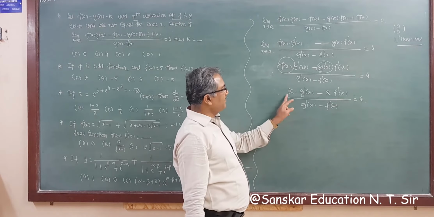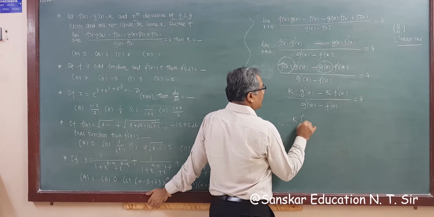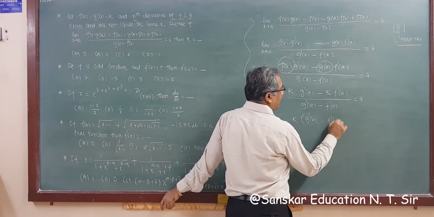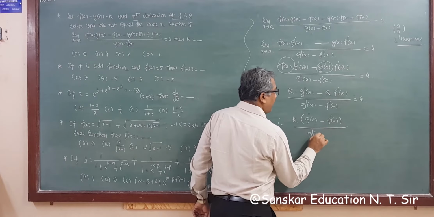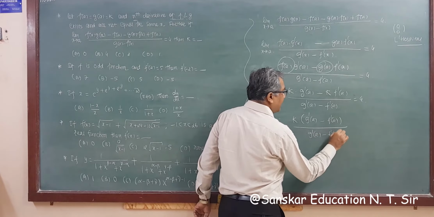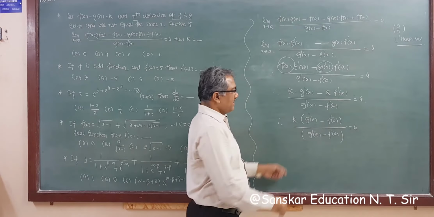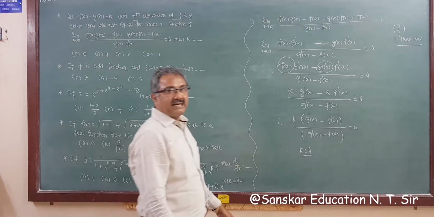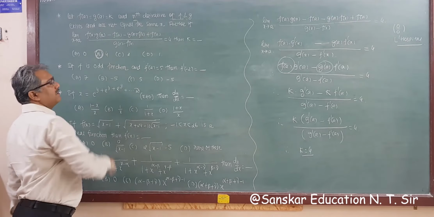Now k is common, so taking k common, writing k outside, [g'(a) − f'(a)] whole upon [g'(a) − f'(a)] is equal to 4. So this will cancel. So what is your answer? k is equal to 4. The answer is k equal to 4. That is option B, your correct answer.